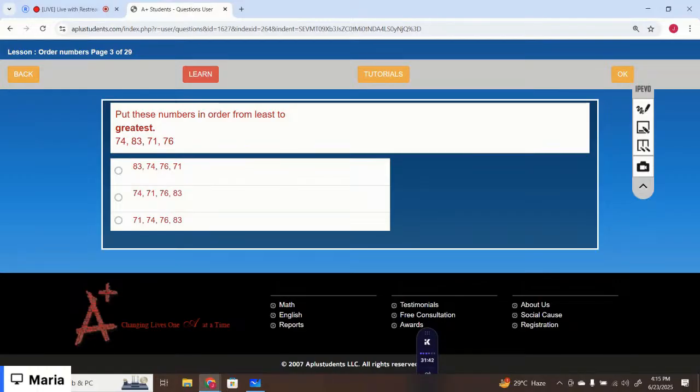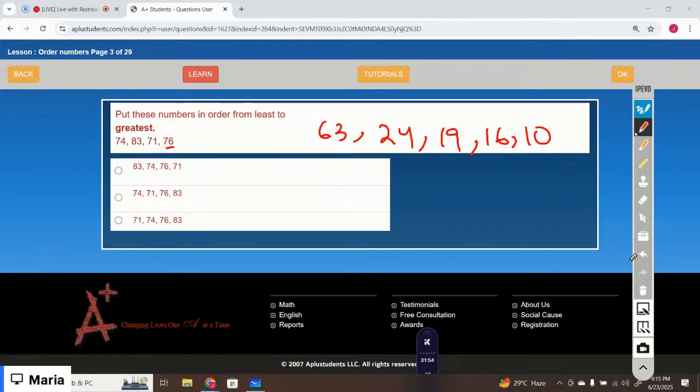Put these numbers in order from least to greatest. So the least one is 71, then 74, 76, and 83.